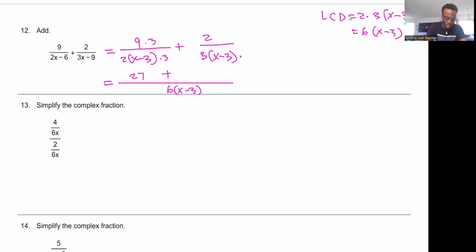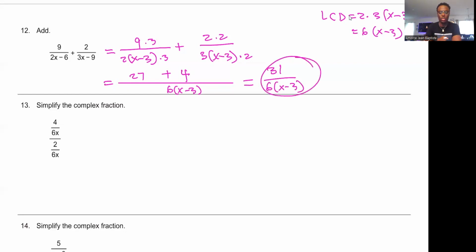Plus, we should multiply this one by 2 to get 6 factor x minus 3, so that is 4. So finally, the answer is 31 over 6 times x minus 3. That's your answer here.